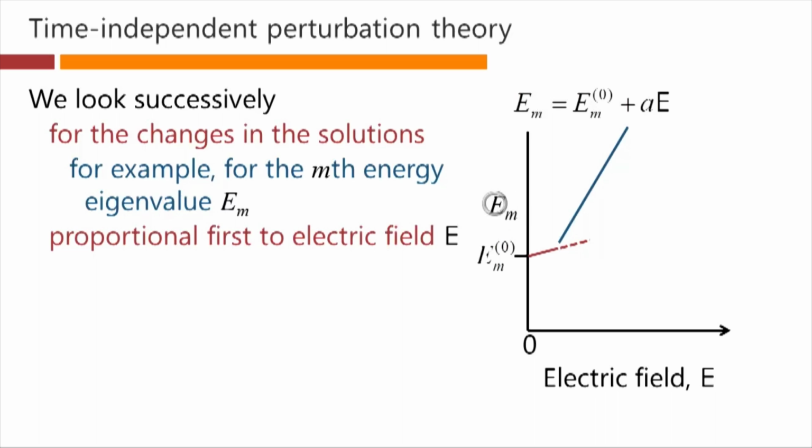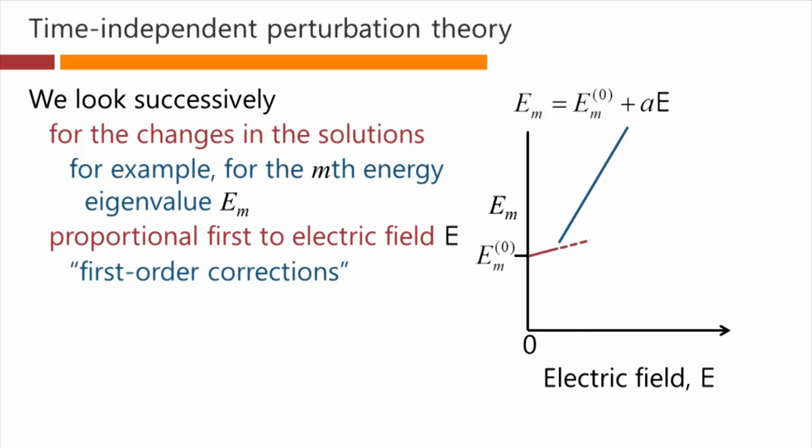So this is our eigenenergy here on this vertical axis, and as we turn the field on, perhaps with some proportionality constant, A, the eigenenergy, for example, maybe increases. So that would be a change in eigenenergy that was, at least for small fields here, proportional to the applied electric field, for example. We would call those first-order corrections to the energy.